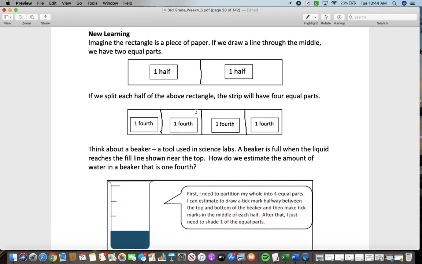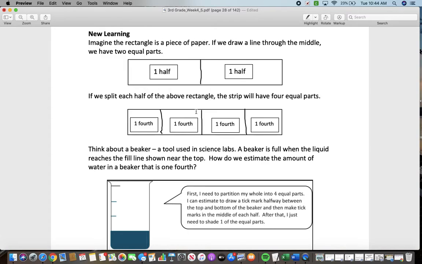Okay, if we move on, it's teaching you the very beginning lessons of fractions. Now, I know many of you have been watching my other videos which extended our thinking with fractions. This is going to take us back just to review the basic concepts of a fraction. It's going to ask you to start partitioning things into equal parts.